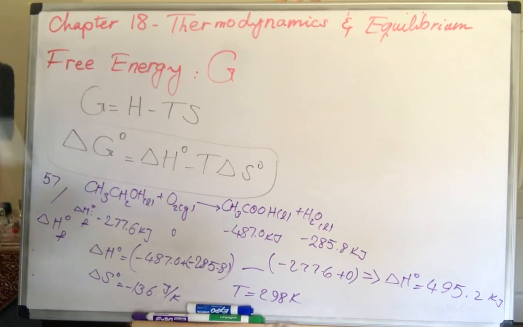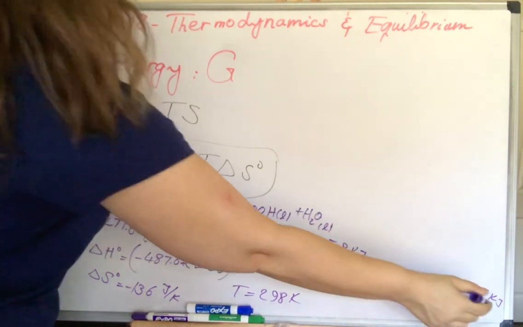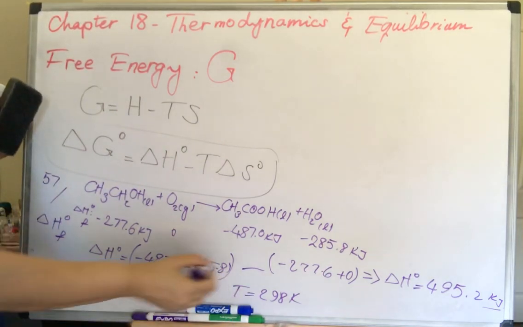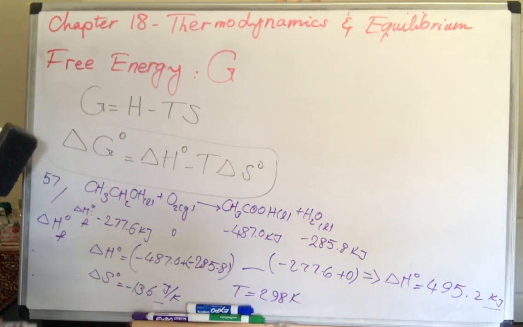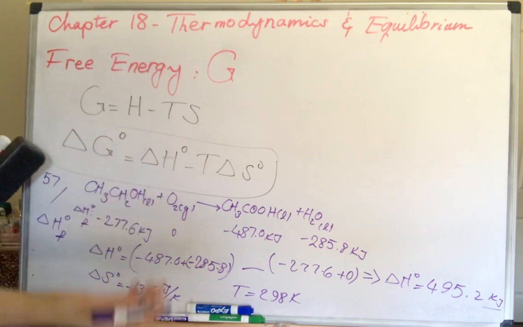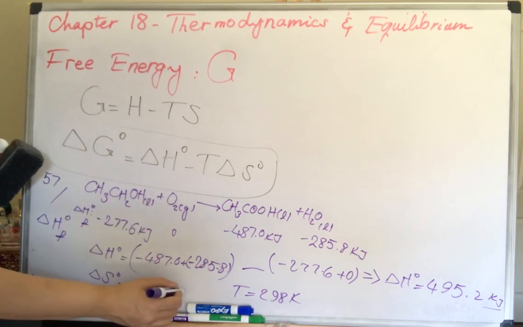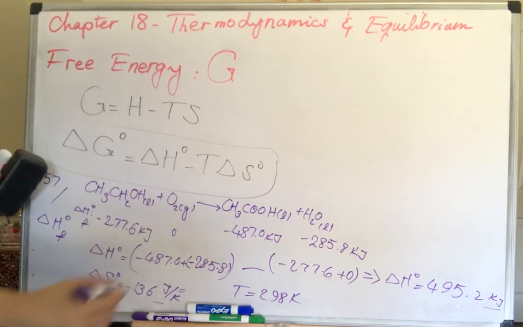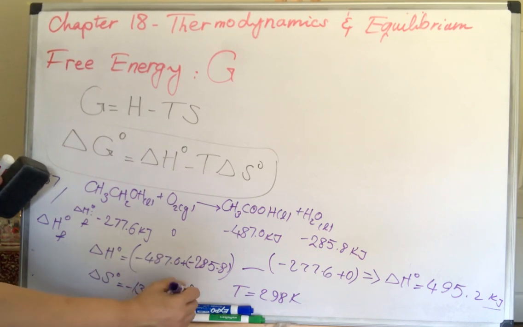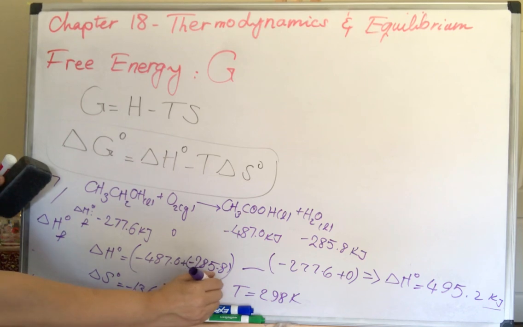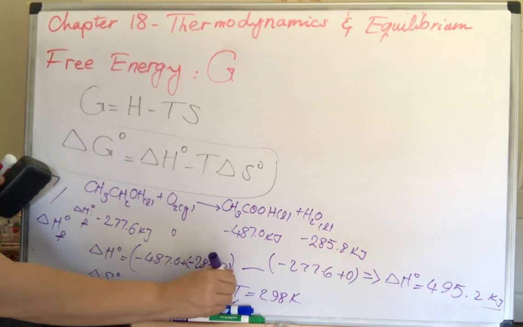Delta H is in kilojoules, delta S is in joules. The norm is to report them in kilojoules, so let's divide by 1,000, so it's going to be minus 0.136 kilojoules per Kelvin.